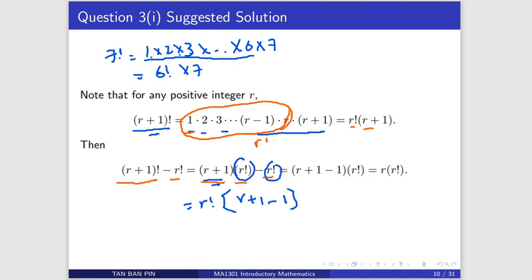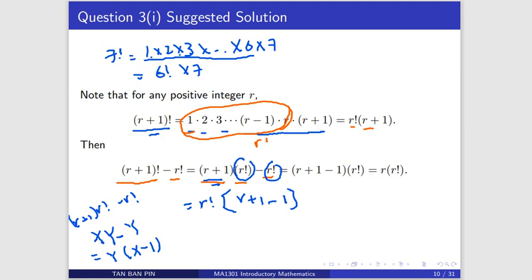It's just like if you had xy minus y. If you take out y, then you are left with x minus 1. The y is like the r factorial. So if you consider xy minus y, in our question here it is (r plus 1) times r factorial minus r factorial.